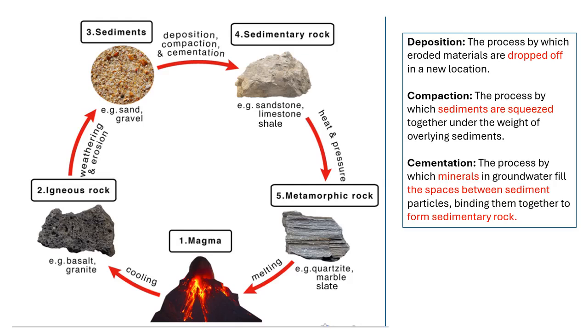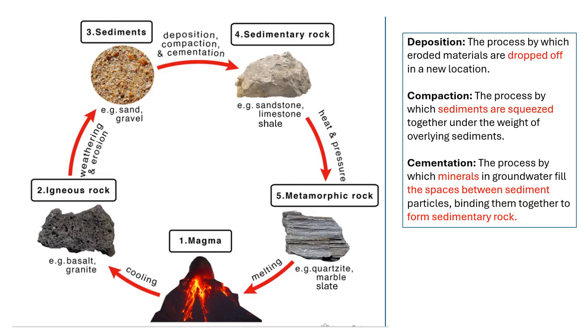Those deposited particles are then compacted when millions and millions of tons of these particles squeeze one another, or settle on top of one another, and then the small openings between these particles are filled up by minerals that come from groundwater, and eventually a new rock type is formed called sedimentary rock.